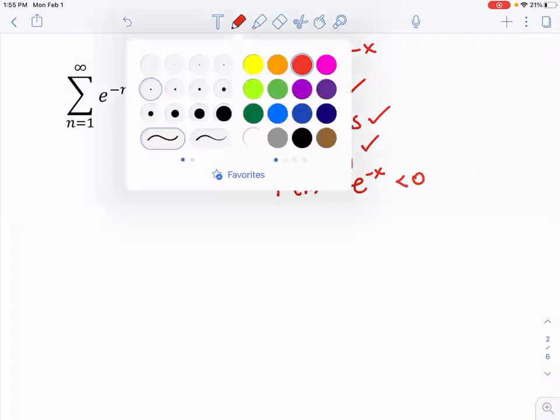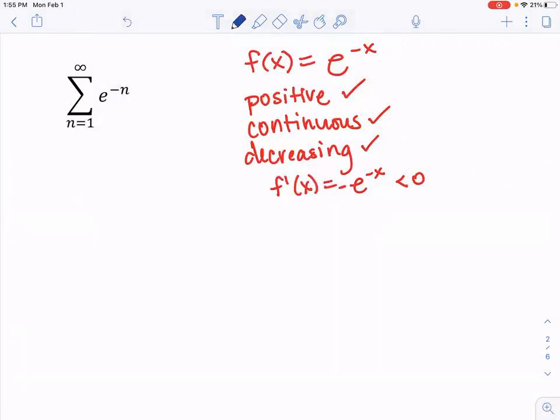Then once we figure that out, instead of thinking about a series, we're going to think about our improper integral. And this is important. If we have an improper integral, we do have to rewrite it as a limit. So we're going to change infinity to be a letter like a. And now we have the limit as a approaches infinity.